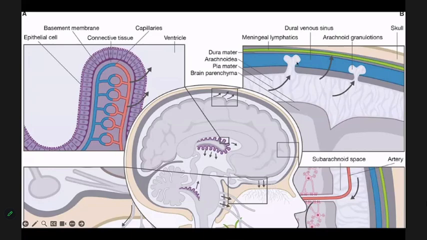You can see them here, like small outpouchings, and through this, the CSF passes and gets absorbed into the dural venous sinus. So it's produced here, it flows out into the subarachnoid space, and then through the arachnoid granulations, it gets absorbed into the venous sinus, right? So that's the normal physiology.